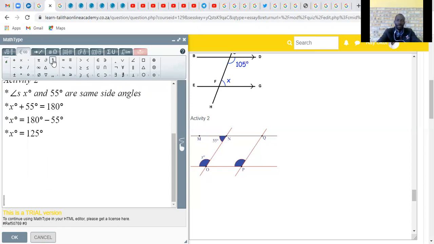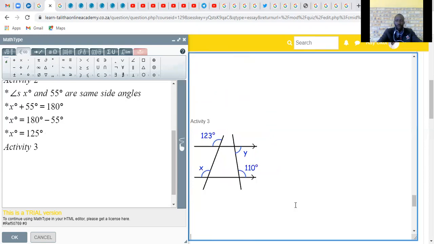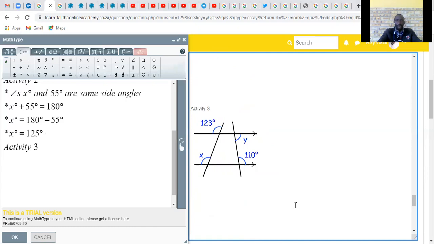Now in the third activity, that is activity 3, right here, in activity 3, what we are supposed to do is calculate the value of y. Now notice that in this case, y in degrees and 110 in degrees, they are on the same side, okay?